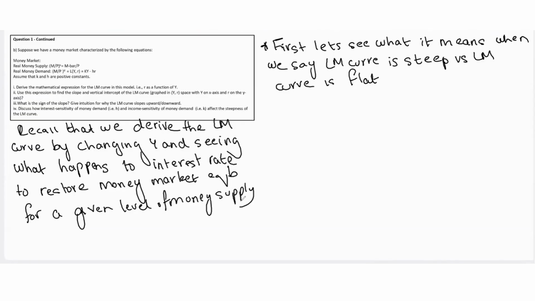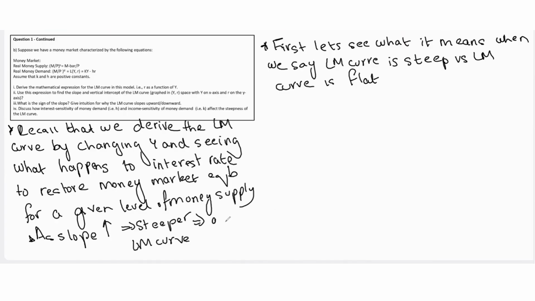Now, the idea is this: as the slope increases, we know the slope is positive. We're talking about the magnitude of the slope now. So as the slope increases, the LM curve will be steeper, right? We get a steeper LM curve. Now, what does this steeper LM curve mean? We'll see this graphically as well.